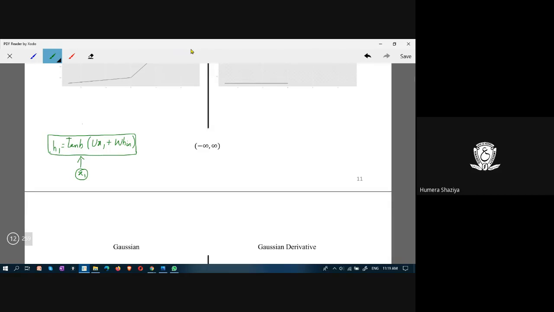And then this is V. And what are you getting here? Y0 hat is equal to softmax. Here we use softmax at the output layer.